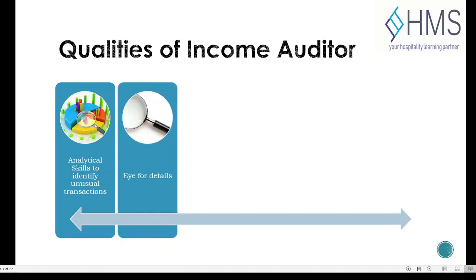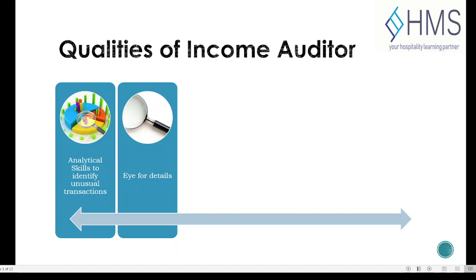Then they also need an eye for details. Once they analyze the bigger problems, they need to go back into the details, because they are going to review the rebate, the folio, the void, the check. So that needs very detailed review.